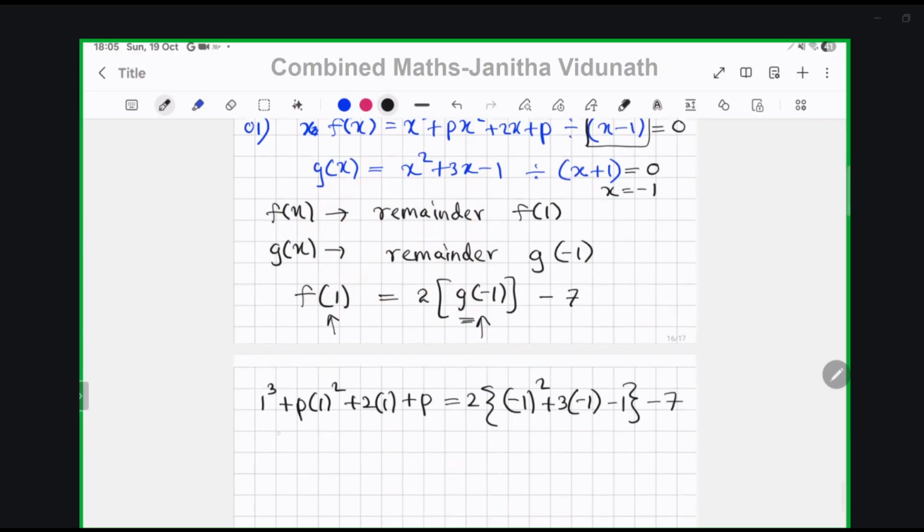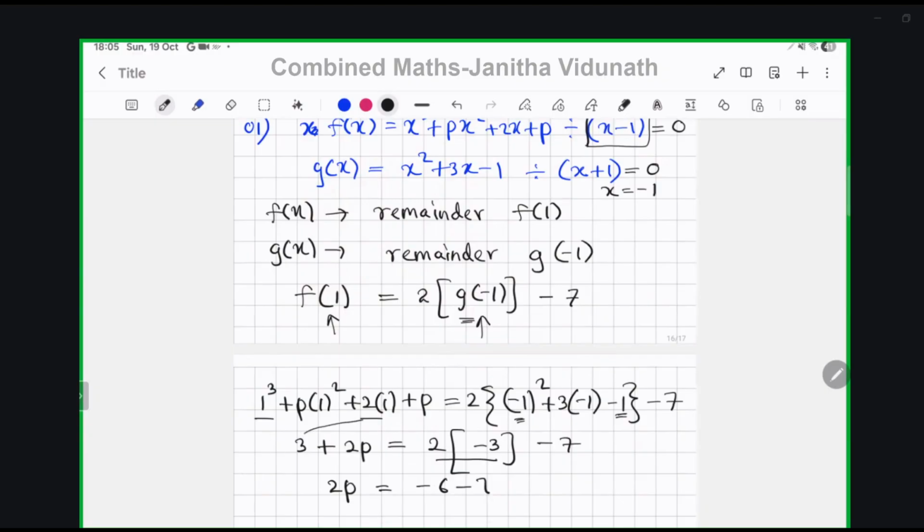From the left hand side we will get 1 plus 2 means 3 plus 2p. On the right hand side we get 2 times, minus 1 square means 1, minus 1 and minus 1 cancel out and give 0. That means inside the bracket remaining is minus 3, minus 7. Then 2p is equal to, here 2 times minus 3 means minus 6, minus 7.